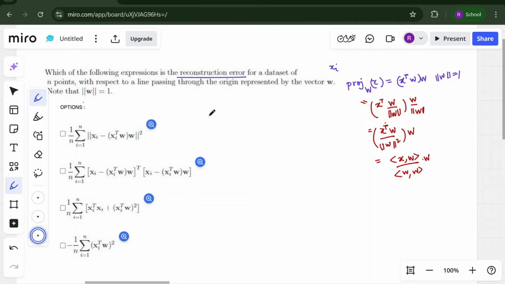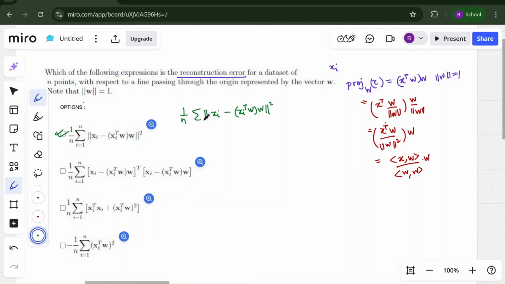So what is the reconstruction error? The reconstruction error is nothing but you take 1 by n and you take the difference between xi's and the projection of xi onto w, which is nothing but xi transpose w times w, norm square. And this is obviously the first option.